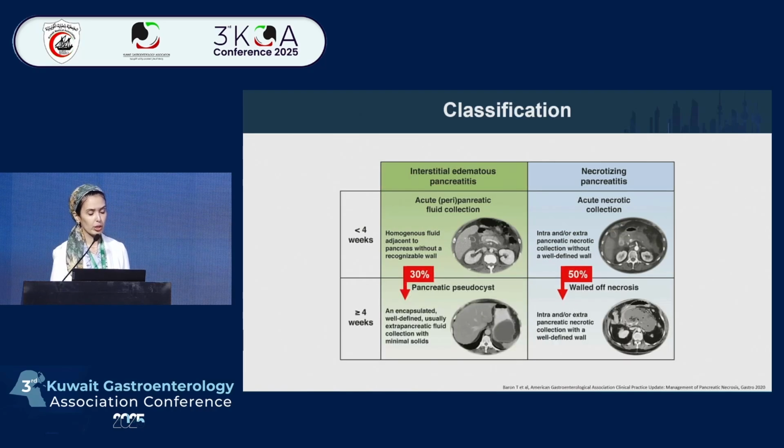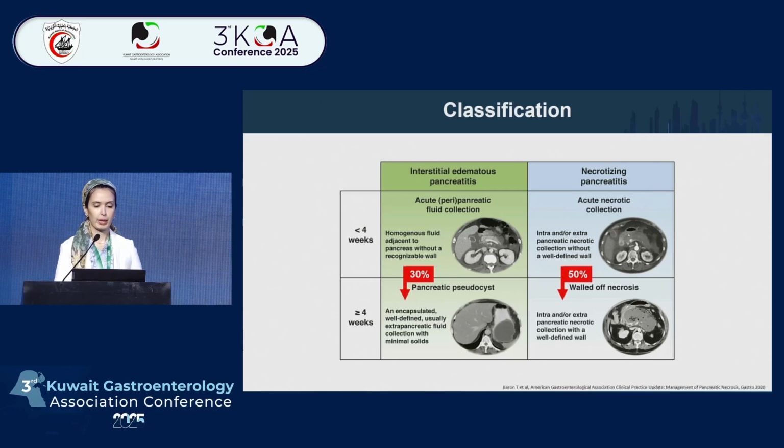So of these patients, who develops fluid collections? With interstitial pancreatitis, about 30% of patients will develop an encapsulated fluid collection. It's usually well defined and usually extrapancreatic, and has minimal solid content or debris. About 30% of these will progress to a pseudocyst, and that occurs usually 4 weeks or more after the episode of pancreatitis.